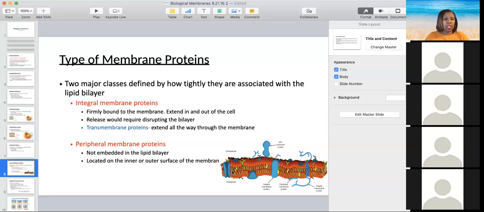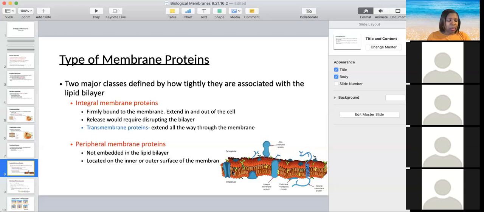So a lot of information here quickly. We talked about why the membrane is so important. It has a lot of vital roles in terms of getting substances into and out of the cell, signal transduction, and cell-cell adhesion. Then we talked about the makeup of it. What is it composed of? The composition of this membrane is mostly lipids and proteins. A specific type of lipid found in the cell membrane is the phospholipid.